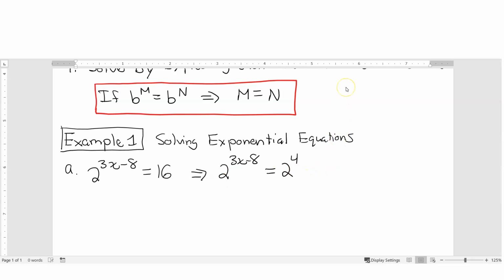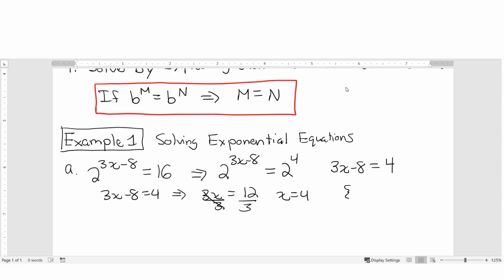And now, we can set our expression capital M, which is 3x minus 8, equal to our expression capital N, which is 4. And then we really have a very basic linear equation to solve. I'll add 8 to each side. 3x equals 12, divide by 3, and therefore x equals 4, or in solution set notation, it'll be written like that.